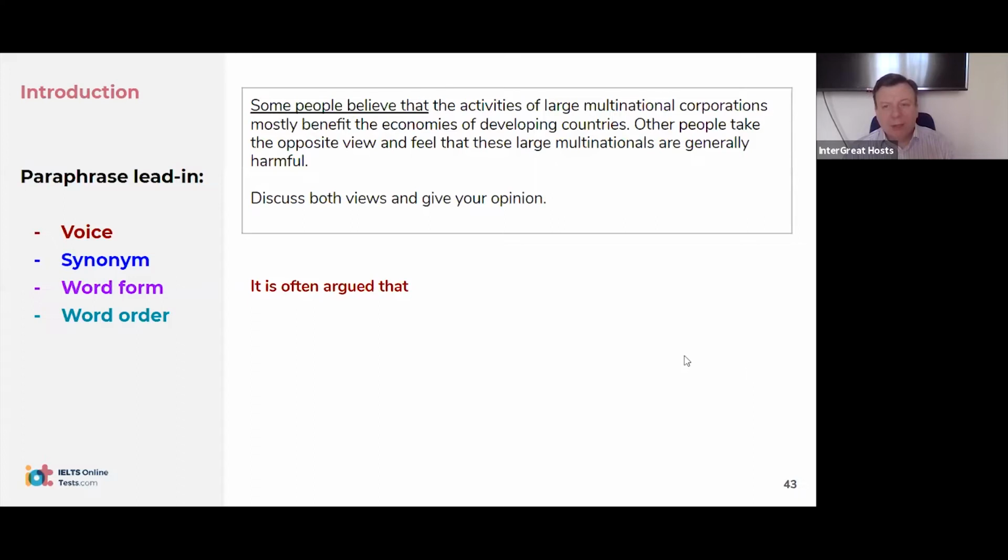So we could say it's often argued that, it is widely, Godfrey, good. Believed. Nabila, Stephen, Kawasar, good. It is commonly, okay, good. Suggested, yeah, very good.